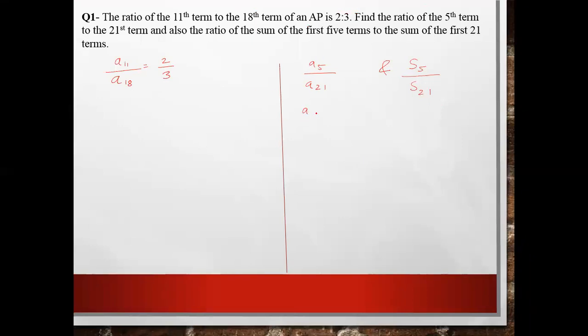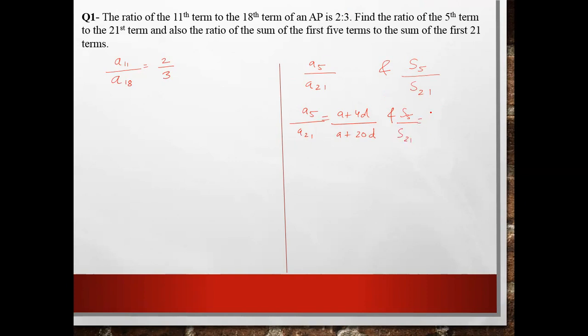Right. Now, what is A5? A5 upon A21 is nothing but A plus 4D, and A21 is nothing but A plus 20D. All right. Similarly, what is S5 and what is S21?